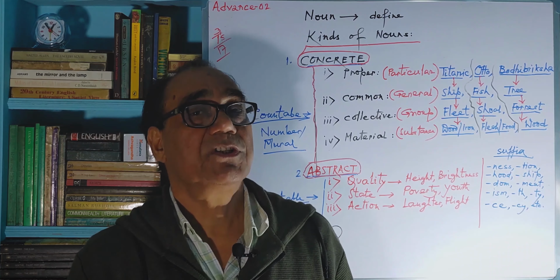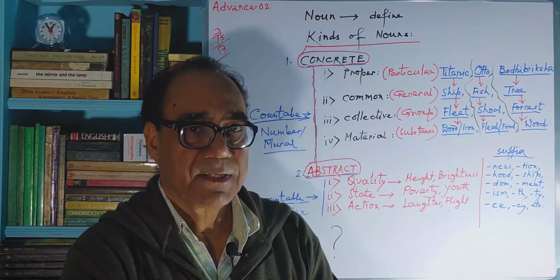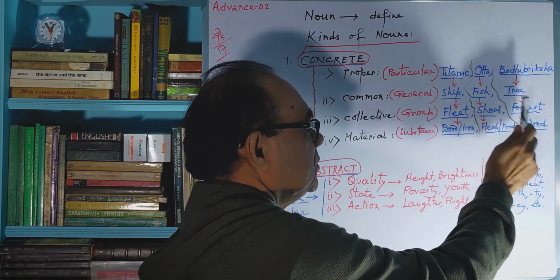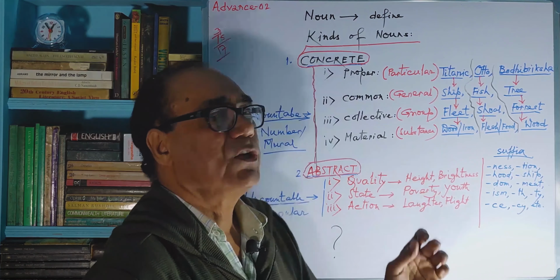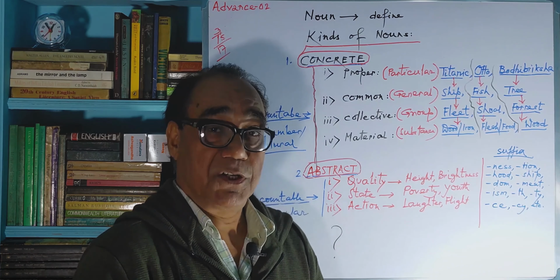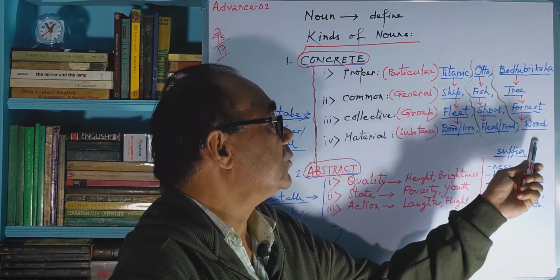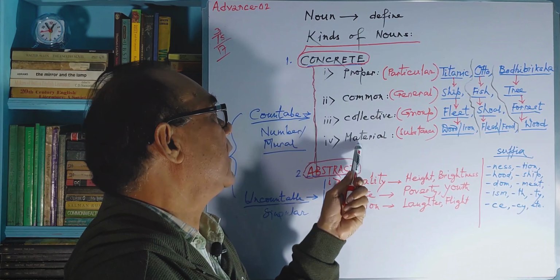Any tree and every tree, this is a common noun. And many trees together, then it is a forest. It's a collective noun. And the material noun is wood, because the material a tree is made of is called wood. So this is all about proper noun, common noun, collective noun, and material noun.